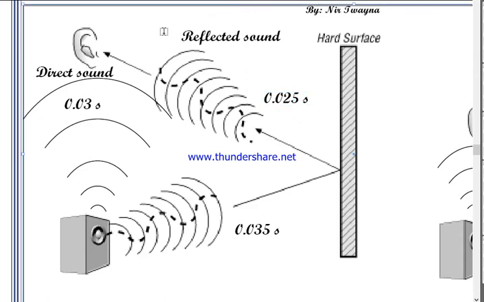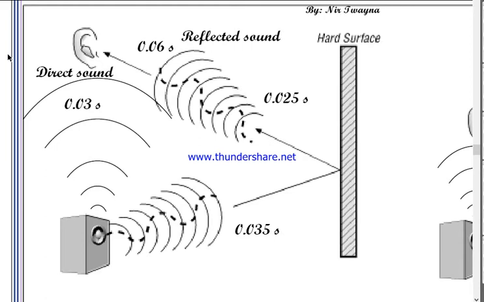Now tell me, in what time will the reflected sound reach the listener's ear? You need to add it, and it will give you 0.06 second. See, there is a significant time gap between direct sound and reflected sound. In such a case, the reflected sound is heard as a separate sound.